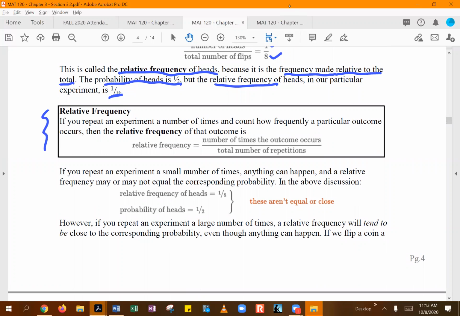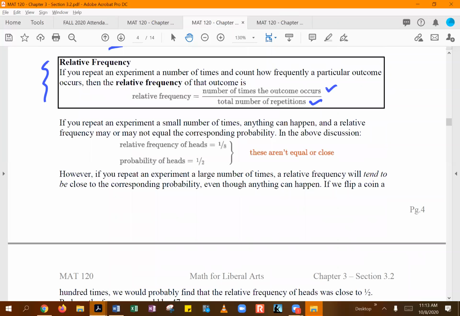So just your relative frequency: if you repeat an experiment a number of times and count how frequently a particular outcome occurs, that is what your relative frequency is going to be, the number of repetitions on the bottom and the number of times the outcome that we were looking for actually occurred. So, just a simple experiment.